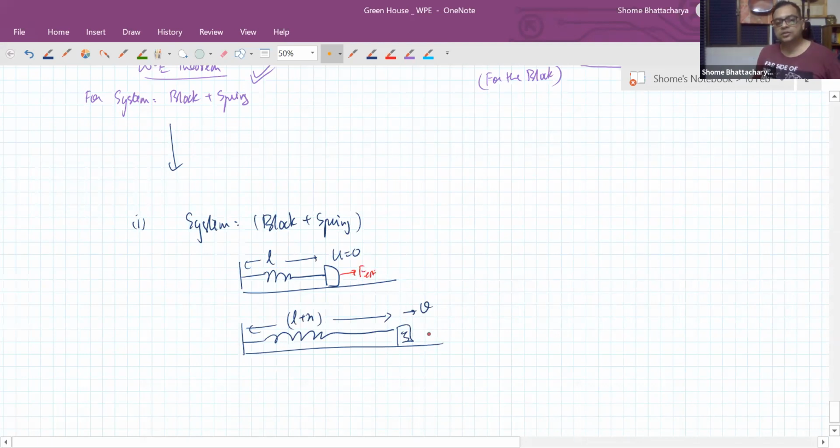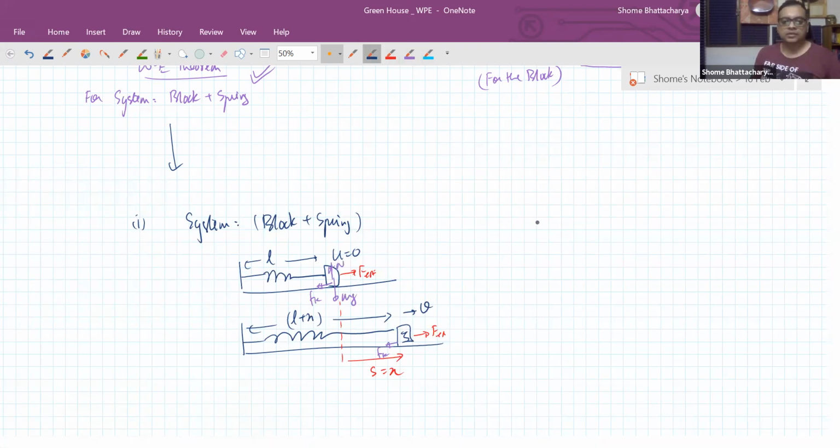The block is undergoing a displacement of x, and also there is kinetic friction acting on it. And of course there is mg and normal reaction acting on it.